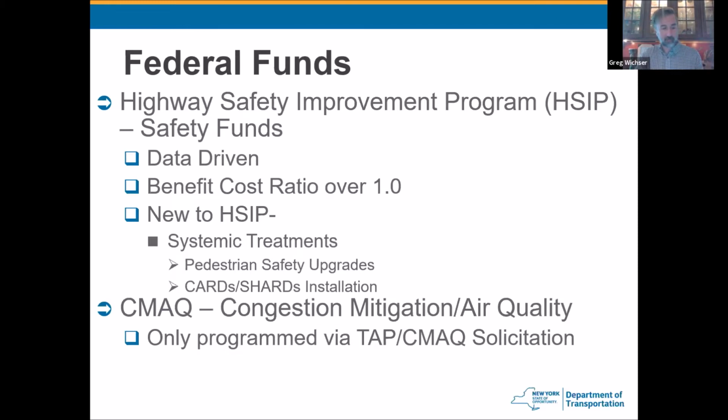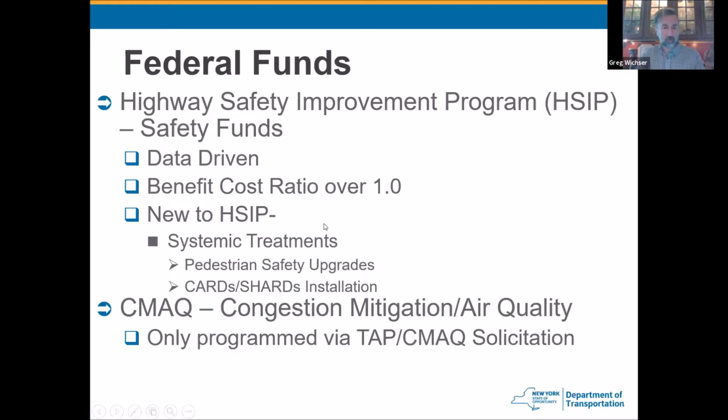Now, that's not to say that other projects with an observed safety issue aren't eligible for any funding. They just may not qualify for this fund source. They can be part of another safety problem that doesn't meet this threshold. You can always get after it with the other fund sources on the federal aid system.